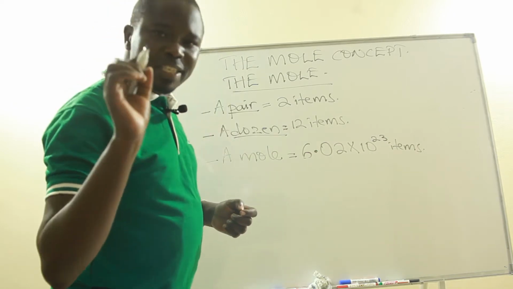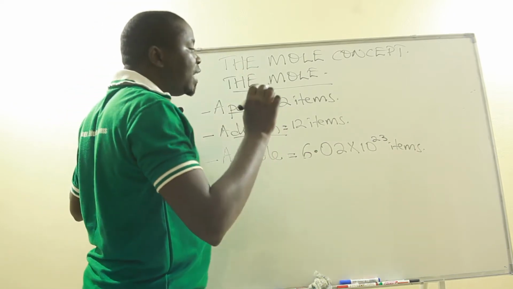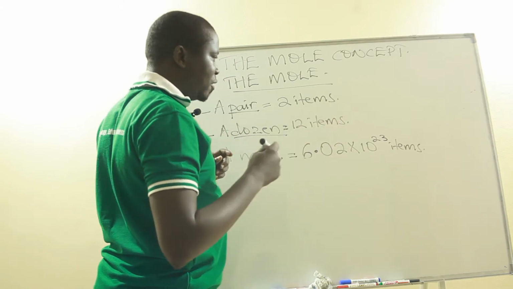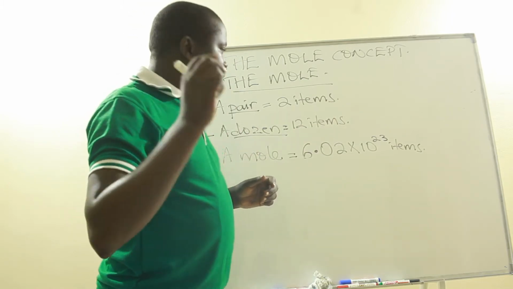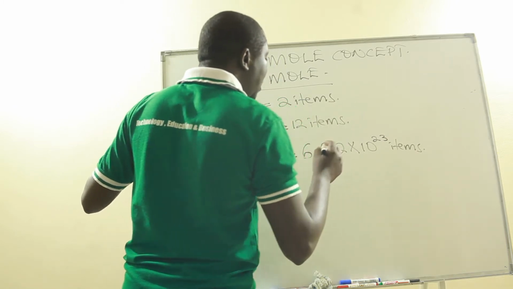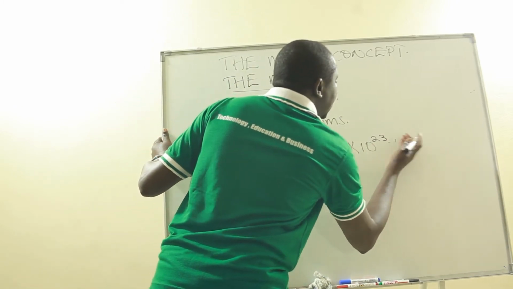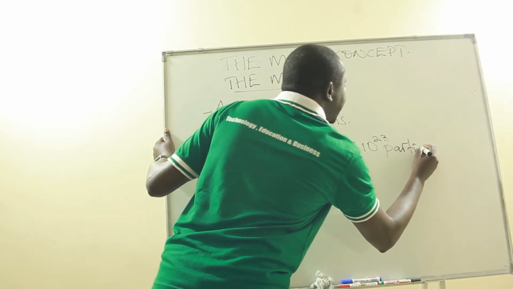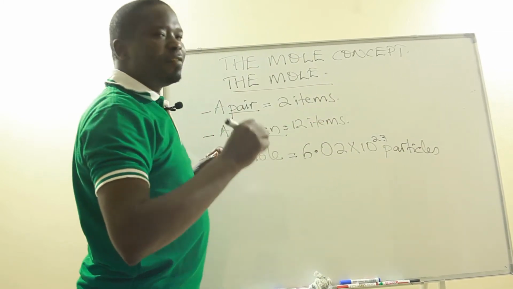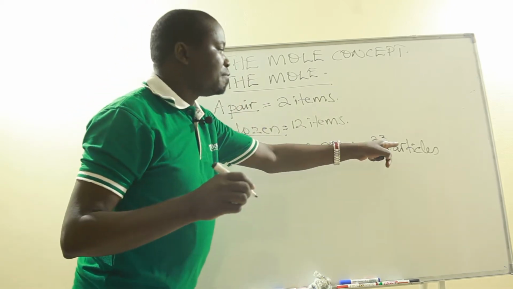Now, in chemistry, we don't deal with any item anyhow, because if I talk of an item, I can refer to anything. So in chemistry, we deal with what we call particles. Remember, chemistry deals with the study of matter, and matter consists of particles.